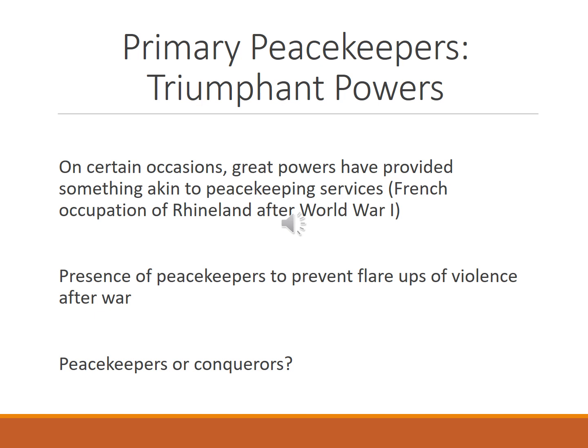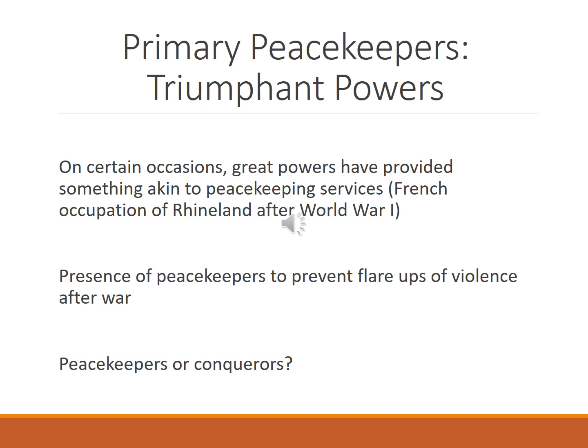So what is it that peacekeepers actually do? We can break this down two ways. One is the peacekeepers sent after a war where one side is victorious over the other, and there's a need to send peacekeepers to the vanquished state or territory to maintain stability after the conflict. For example, after World War I, you had French troops serving as peacekeepers in the Rhineland.